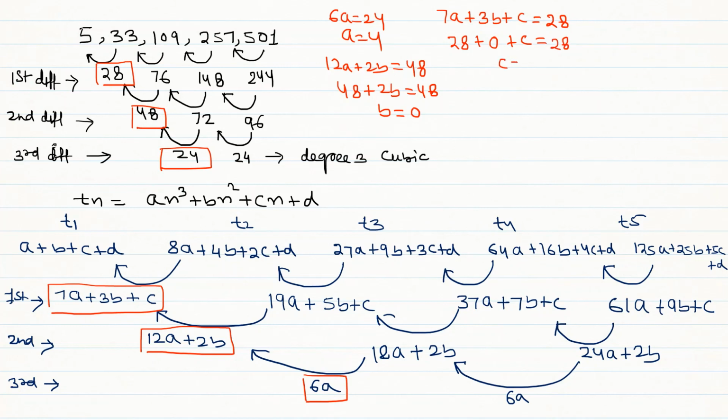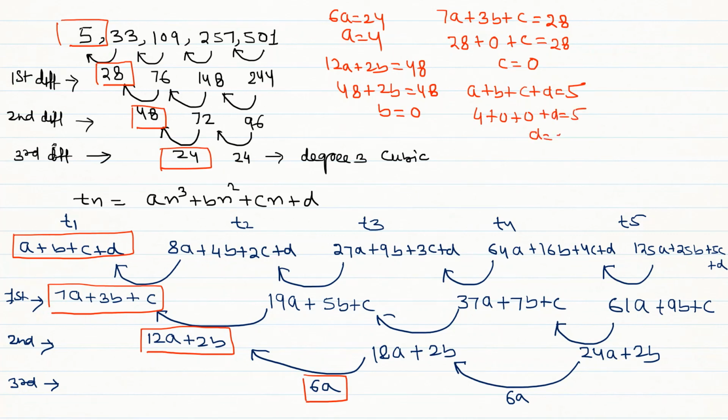Overall, if we solve it, c is also going to be 0. And let's compare the last term, which is a plus b plus c plus d from here and just 5 from here. a plus b plus c plus d is equal to 5. Let's put the values. a is 4, b is 0, c is 0. So only d is left, which is going to be 1.